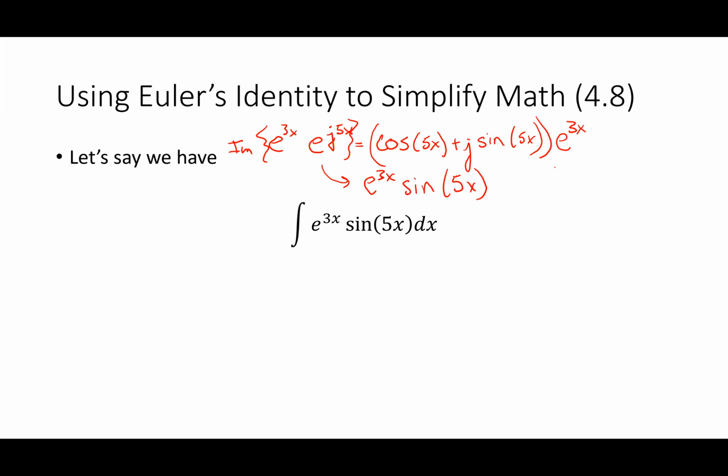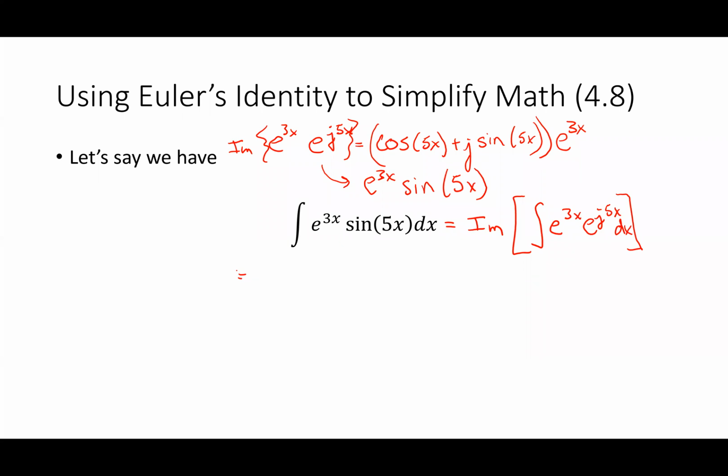So that tells me that I can write this integral as the imaginary part of the integral of e to the 3x e to the j 5x dx, like that. You guys follow that? All right.